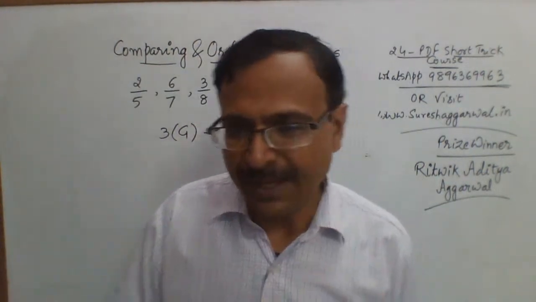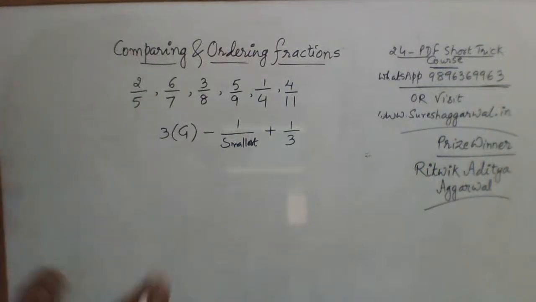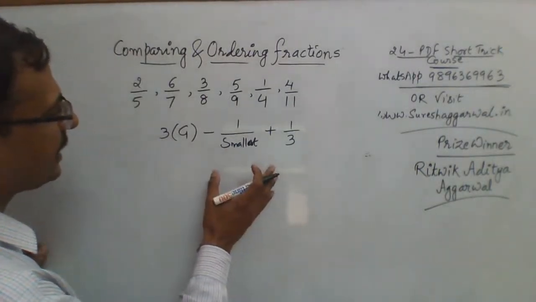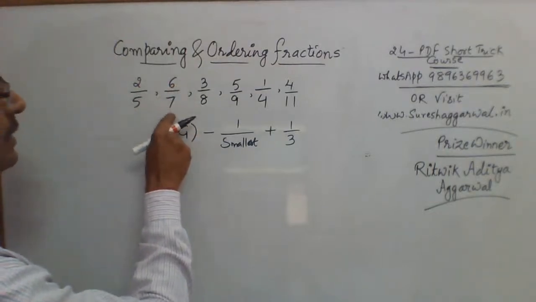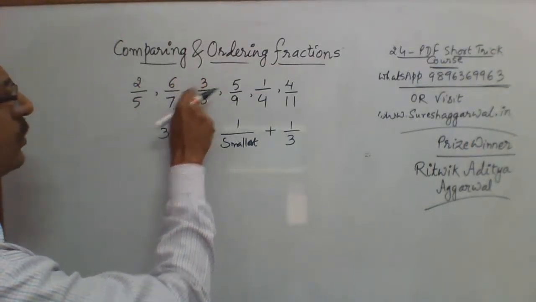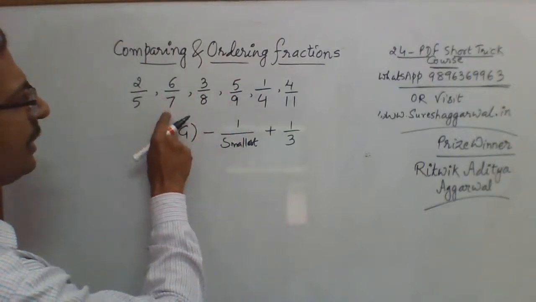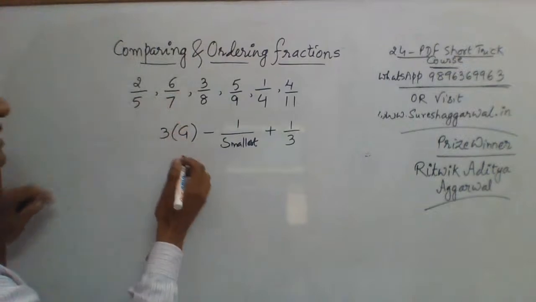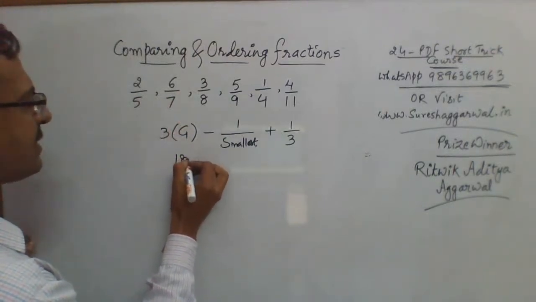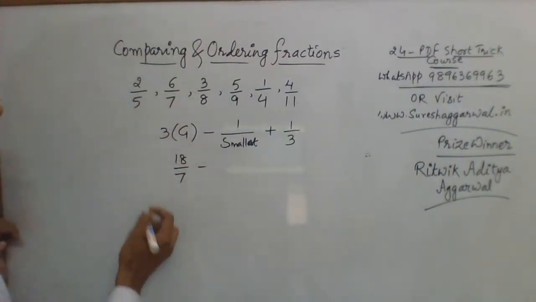Okay, let's see the answer for this one. See, again the greatest and the smallest, right? So greatest will not change, but still I'll do it again. 14, 30 greater, 80, 48 and 21 greater, 54, 35 greater, 24, 7 greater, 6 by 7 greatest, right? 6 by 7. So 3 times that is 18 by 7 minus. Now the smallest.